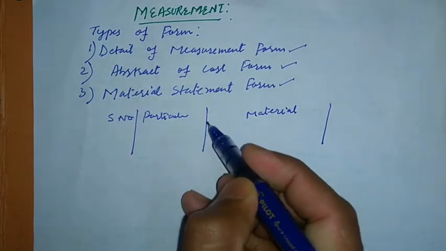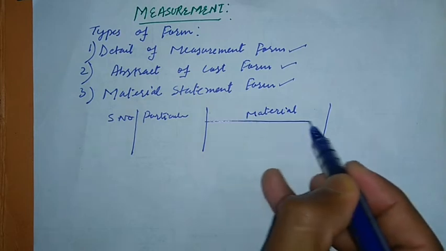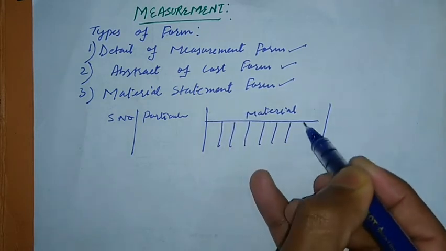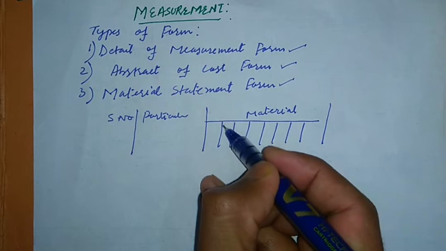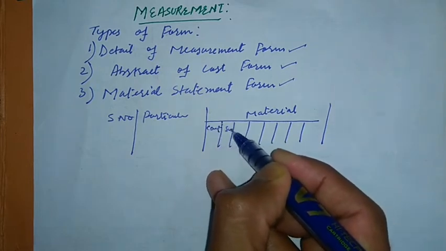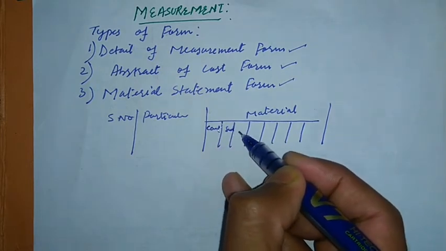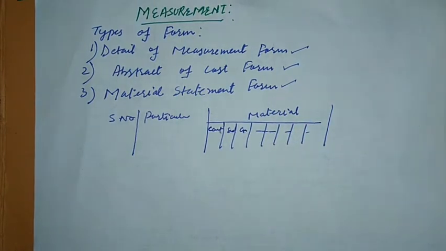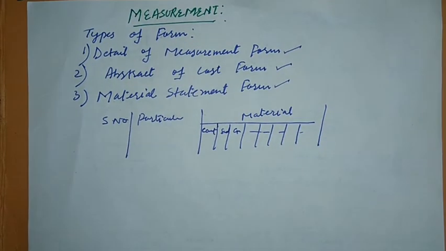This third column is divided into subheads in which different materials are mentioned. Like we have cement, sand, gravel, etc. All the things are mentioned this way.